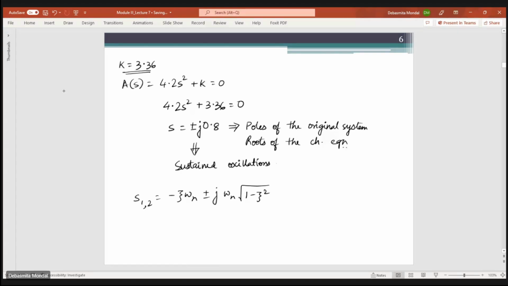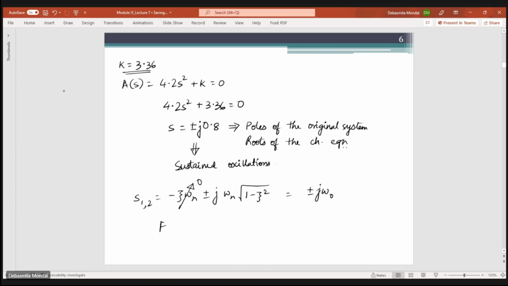Since this is an imaginary pole only, the real part becomes equal to 0, so you can simply write that s1,2 equals plus minus j omega 0, and this omega 0 is the frequency of oscillation of your system.